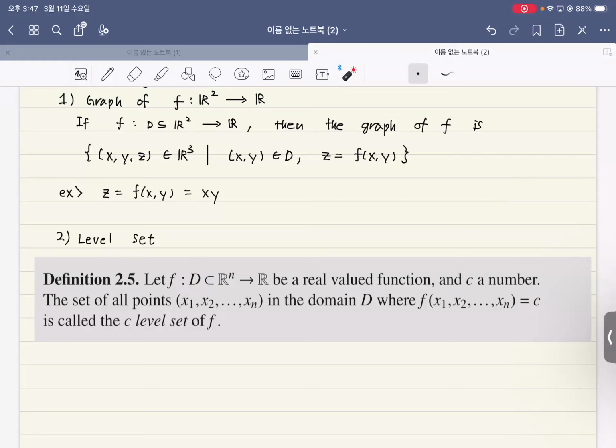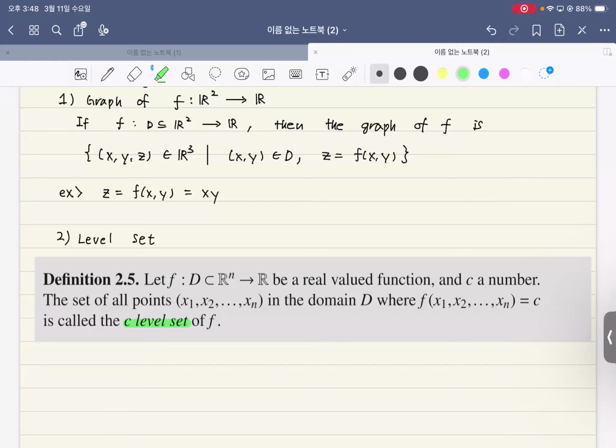Okay. If you have never heard about level sets, this might sound mysterious, but actually it isn't.